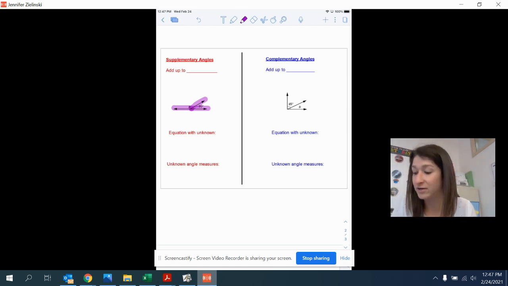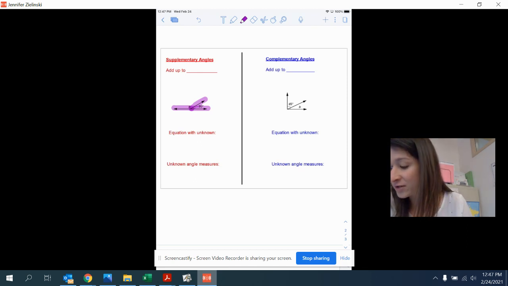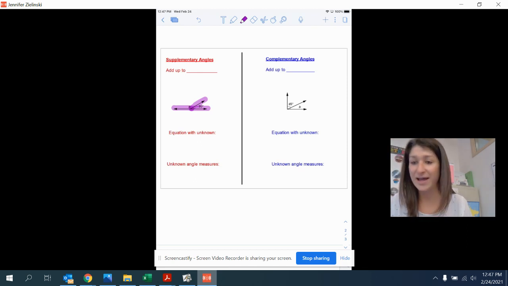I have a letter here, A, so we need to find out our missing angle. Well, I recognize that I have a straight line here, a straight angle, and I remember that straight angles equal 180 degrees. But again, I don't need to know this entire angle. I just want to know a little piece of this angle.